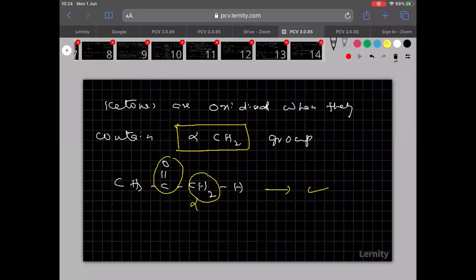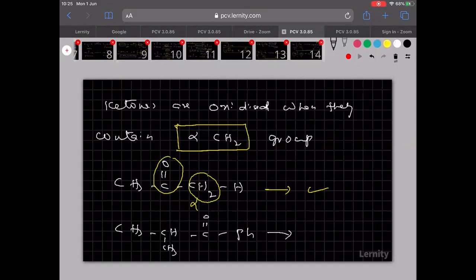Is it clear everyone? Alpha CH2 should be there. Let me take one more example here. CH3, CH, CH3, C double bonded O, Ph. Now you tell me, does this ketone undergo oxidation?